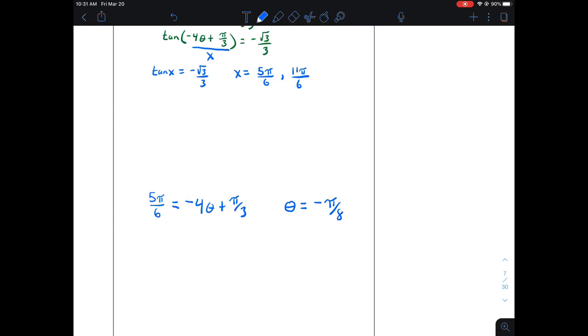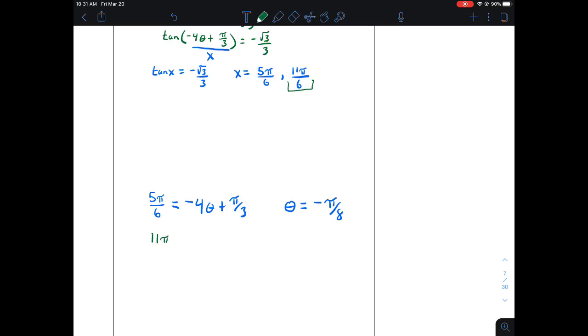Now remember, our solutions for theta have to be from 0 to 2 pi. And so this is not a solution that I would use in my solution set. Now, at the same time, let me change colors here. We had another possibility that tangent could be applied to, and that was 11 pi over 6.